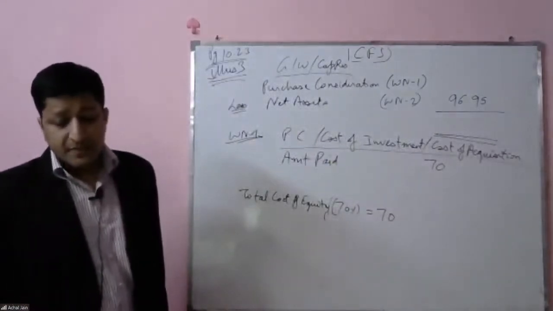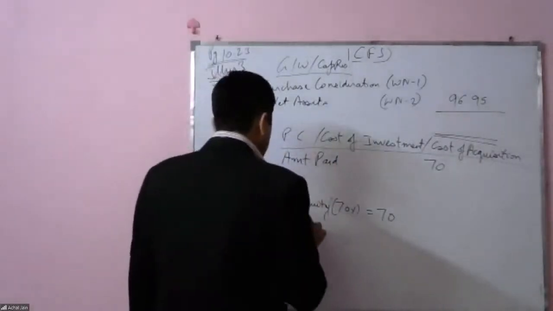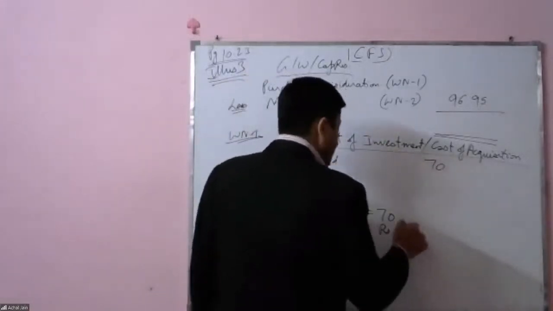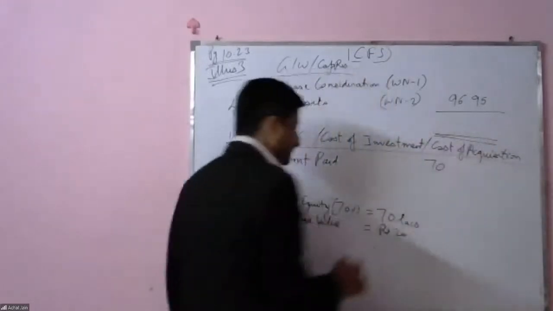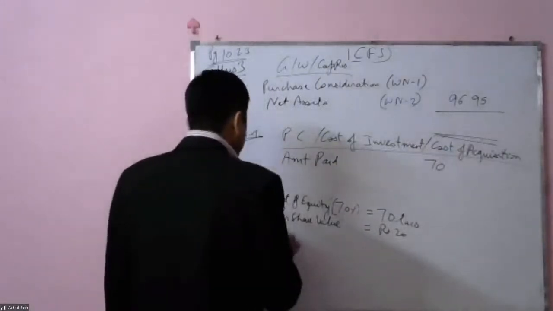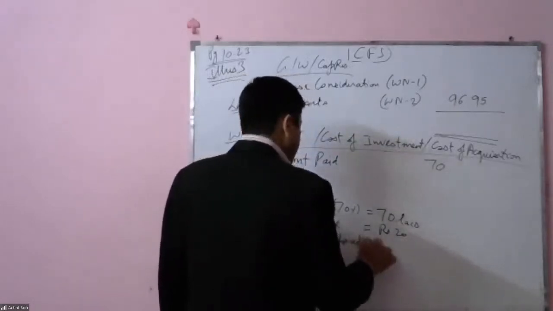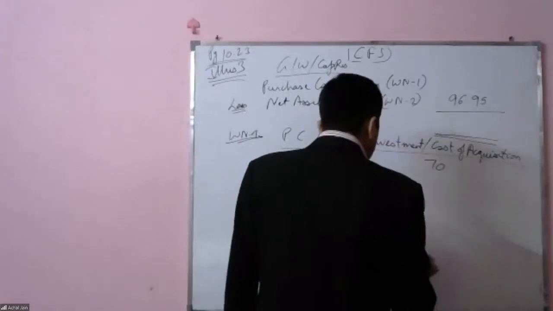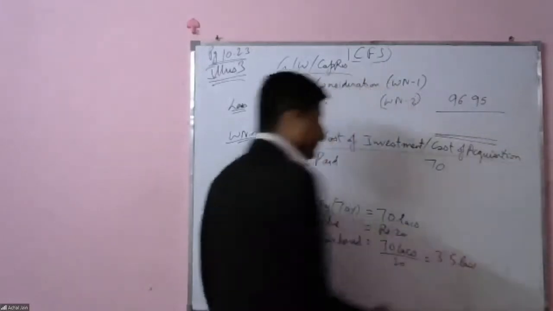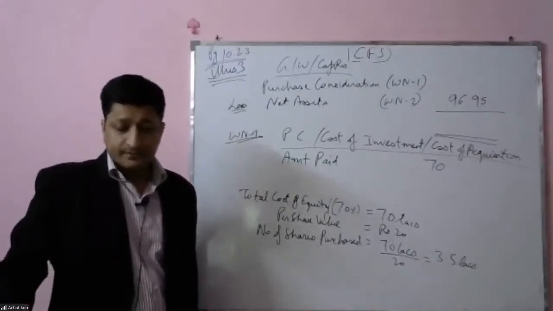And each share has been purchased for ₹20. Per share value is ₹20. This is lakhs. So how many shares would have been purchased? Number of shares purchased will be 70 lakhs divided by 20. This will be 3.5 lakhs. So that's why 3.5 lakh shares would have been purchased. Okay.